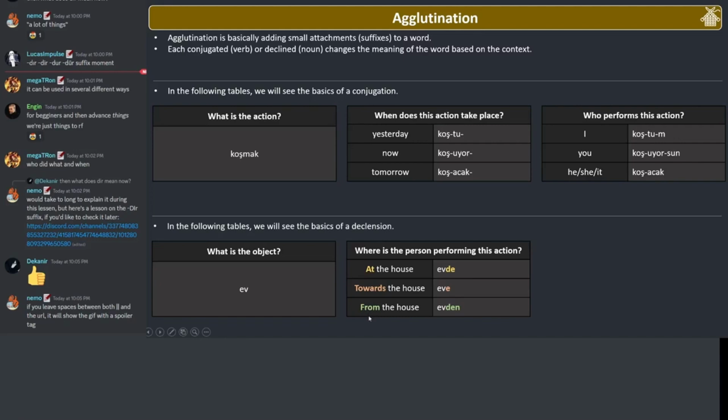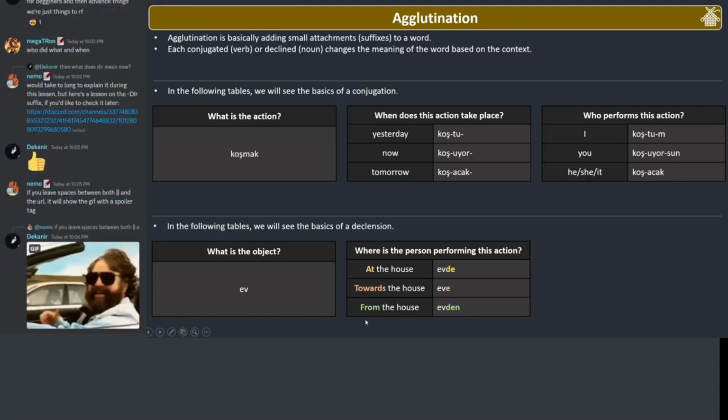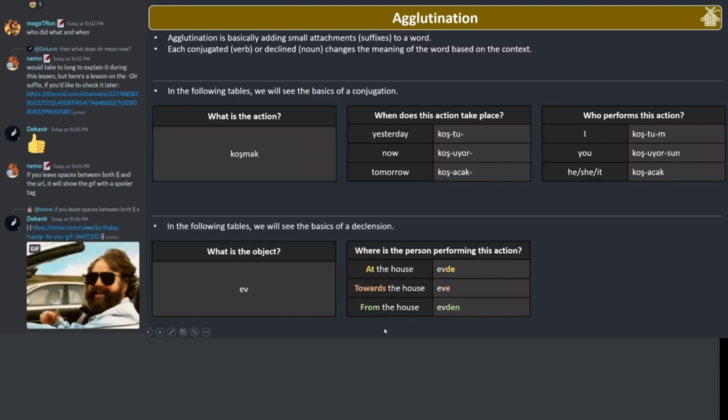Of course, I could include more things like with whom. Then you will say annemle, with my mom. There will be many other options, but I only had this much space. So this is the first part, basics of agglutination.